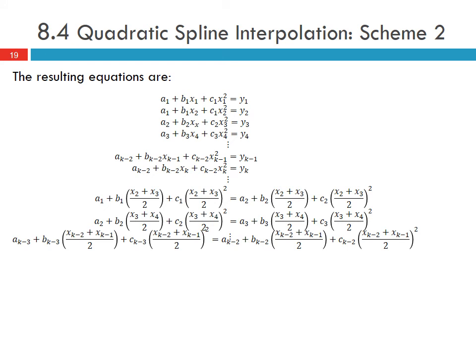So the resulting equations are shown here. These ones come from the condition that the functions have to pass through all of the data points, and then these ones come from the conditions that the functions have to be continuous and differentiable at the connection between the functions, the interior data points.